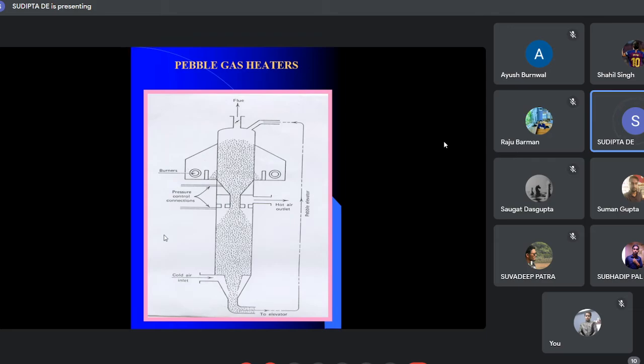In the upper chamber, the pebbles are heated either by a burner using fuel, or through waste heat recovery.